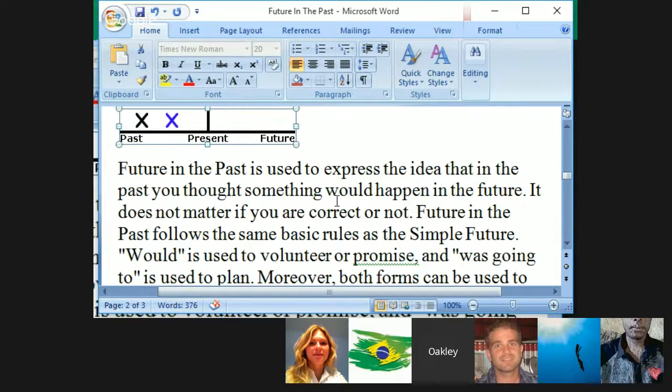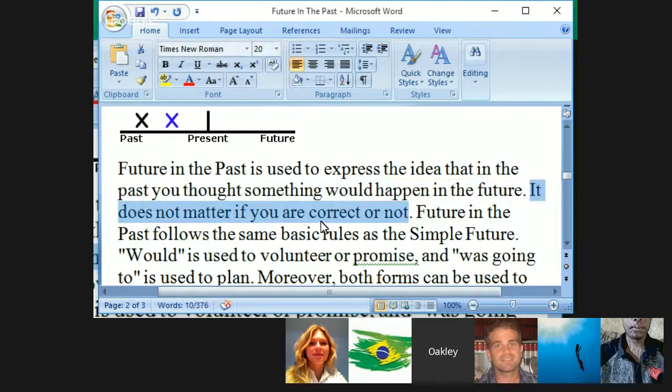So it's possible you'll see those verbs. Something you thought would happen in the future. Okay, very important. It does not matter if you are correct or not. Okay, the information you thought didn't have to turn out to be true.